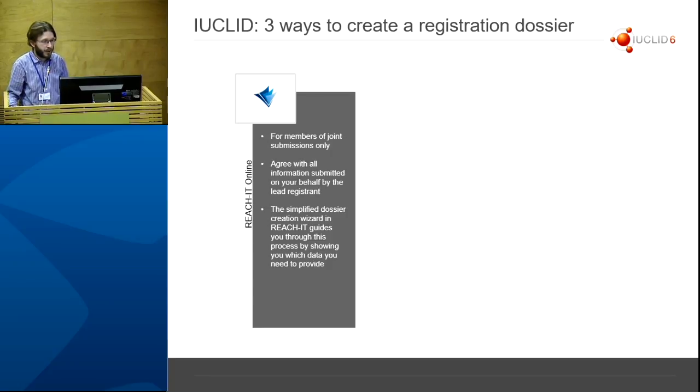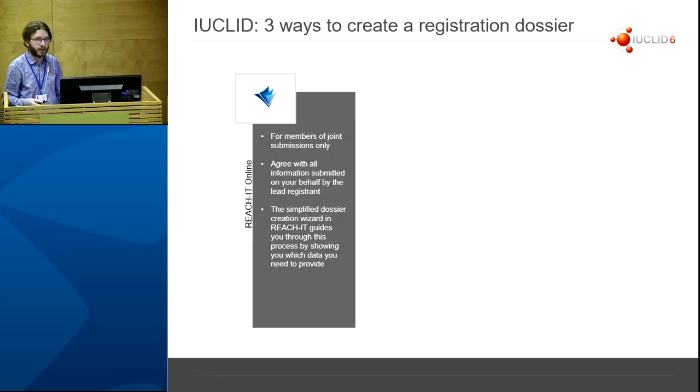It can be used if, as a member, you agree with all the information submitted on your behalf by the lead. So if you have information on your own that you don't want to share with the joint submission, it means that you want to opt out from the joint submission, at least for some part of the data. You cannot use ReachIT Online.